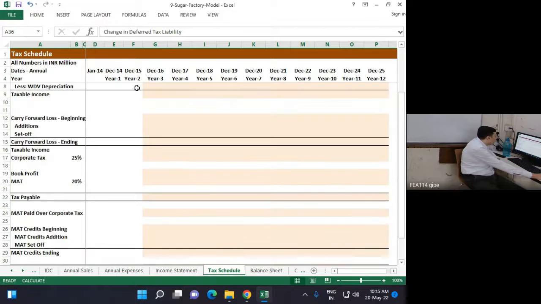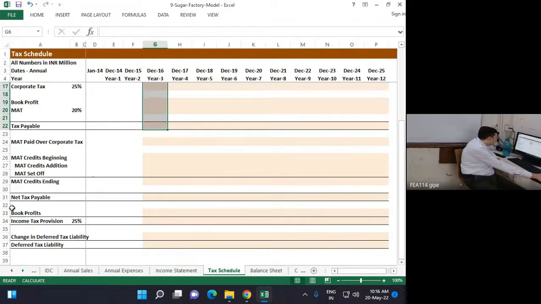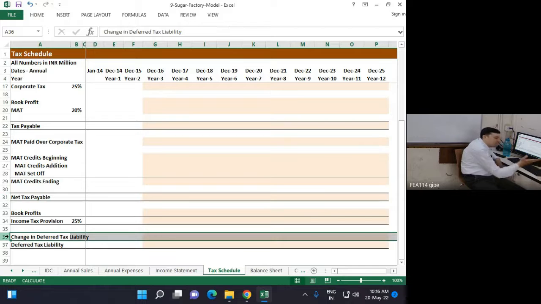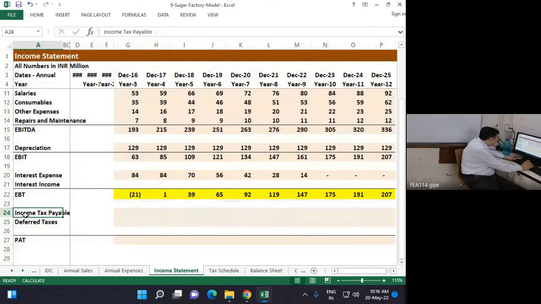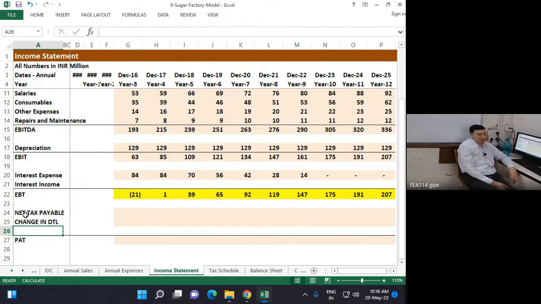So after we complete the tax schedule, we will get these two line items, and these line items will flow back into the income statement. So let's change the labels here as net tax payable, change in DTL. So that once you calculate it there, you can just link it back here.